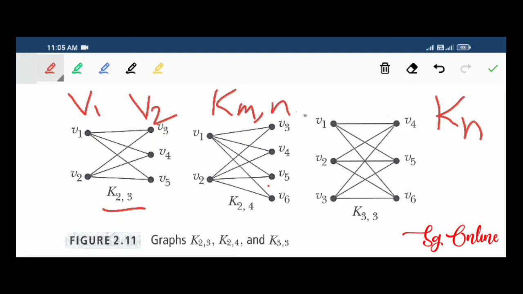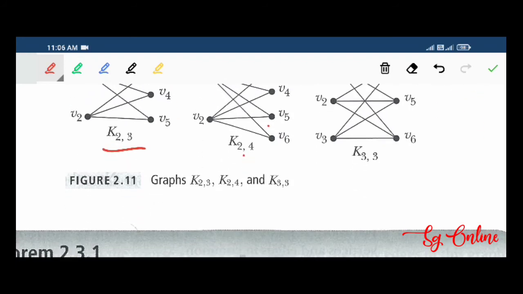So these are all complete bipartite graphs, but in general bipartite graphs may not be complete, and some edges may be missing. But in a bipartite graph, no two vertices in the same partite set are adjacent. So in general, a bipartite graph can have this kind of figure.